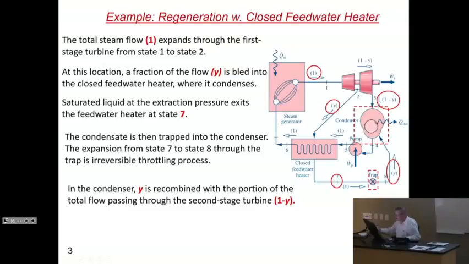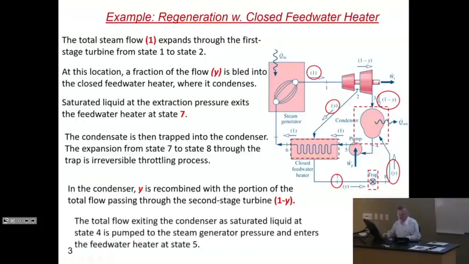It's back mixed in this particular case in the main condenser, so that the water flow that comes out of the condenser at point number 4 is the full water flow that you had at point number 1. And the second stage of the turbine is the only place where you have 1 minus y. The mixing, which in open feed water heaters happened in the feed water, happens now in the condenser itself.